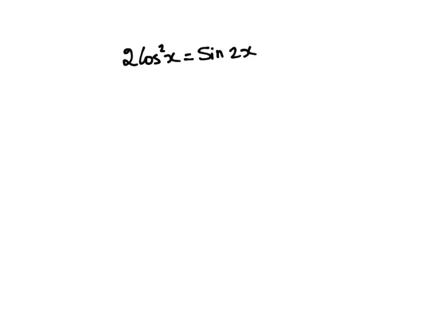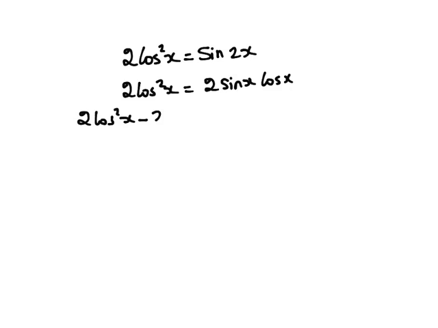Now let us look at another type. 2 cos squared x equal to sine 2x. I can write it as 2 cos squared x equal to sine 2x, which is nothing but 2 sin x cos x. Now again, please don't cancel cos x. Bring 2 sin x cos x to the left hand side. So you get 2 cos squared x minus 2 sin x cos x is equal to 0.